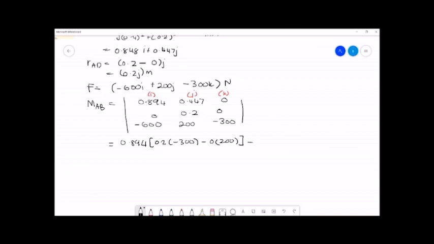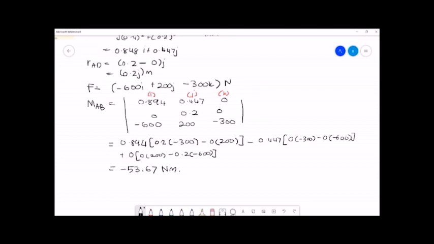Remember, j is always negative, which is 0.447 open the bracket 0 times negative 300, then minus 0 times negative 600 close the bracket, and then plus 0 open the bracket 0 times 200 minus 0.2 times negative 600 close the bracket, and then you will have the final answer, which is negative 53.67 Newton meter.